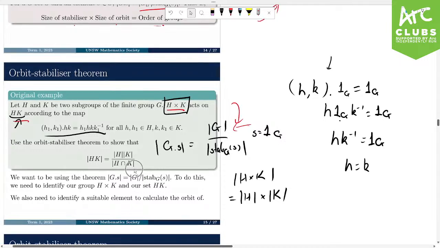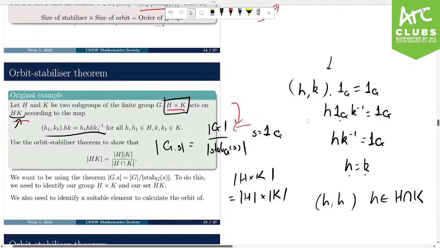So the stabilizer will be of the form (h, h), where h is in both H and K, because h and k have to be equal.